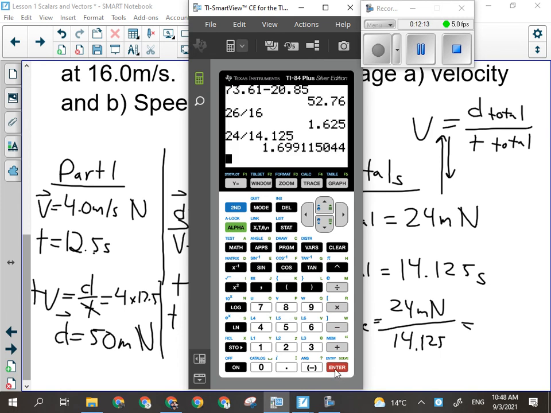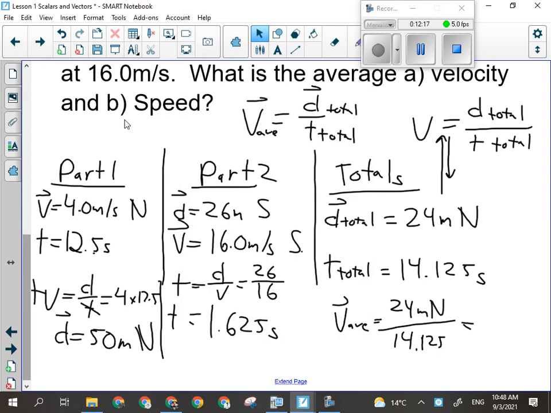All right, so 1.7 meters per second. What else do I need to put on that? North, right? It's a vector quantity, right? It's a velocity. 1.7 meters per second north. Okay, so now I've calculated the velocity.